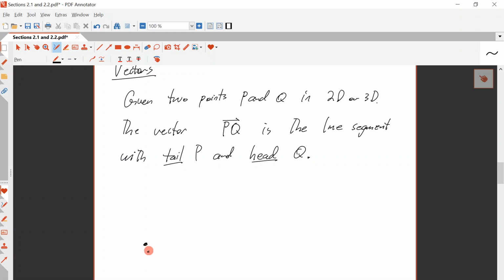So here you've got P and here you've got Q. So the vector PQ is this line segment here.